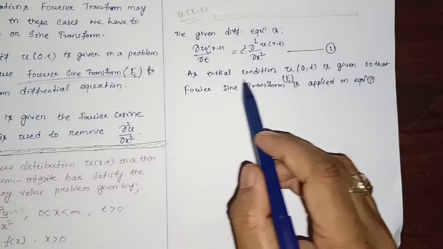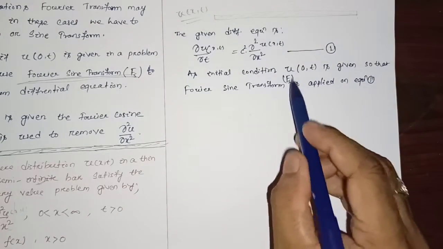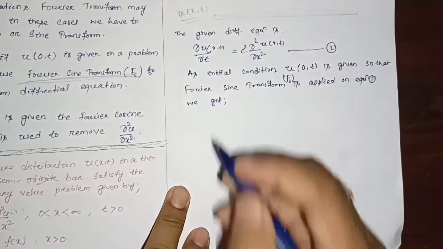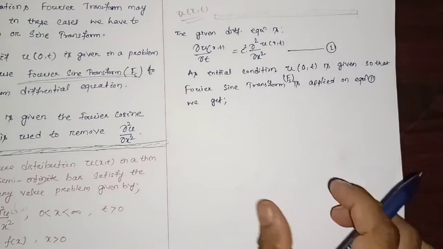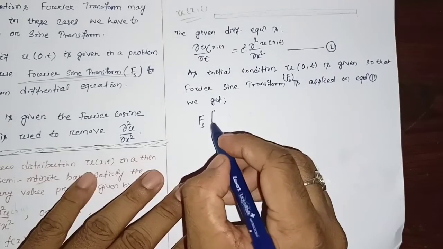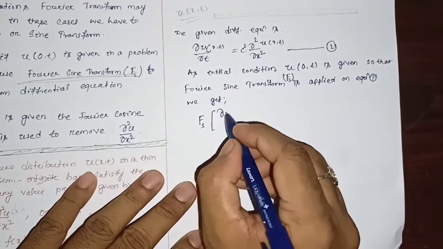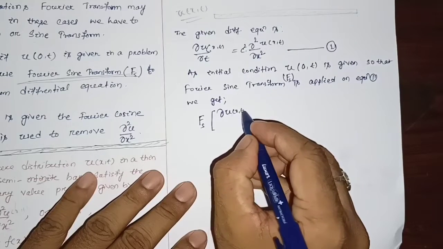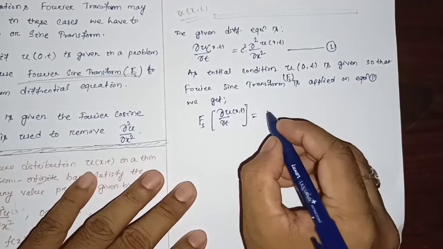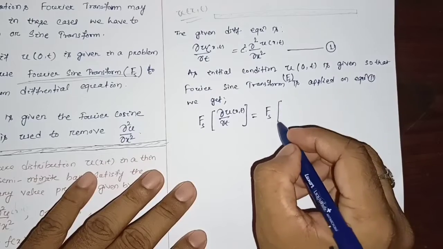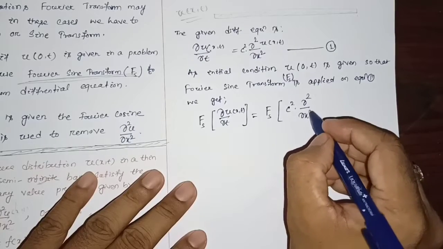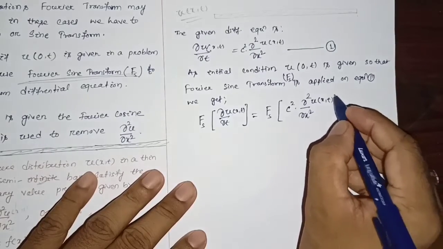As this initial condition is given, so that Fourier transform Fs is applied on equation number 1, we get: Fs applied on the left-hand side, del small u, which is a function of x,t, by del t, equal to the Fourier sine transform applied on the right-hand side of equation number 1, c square into del square by del x square of small u, which is a function of x,t.